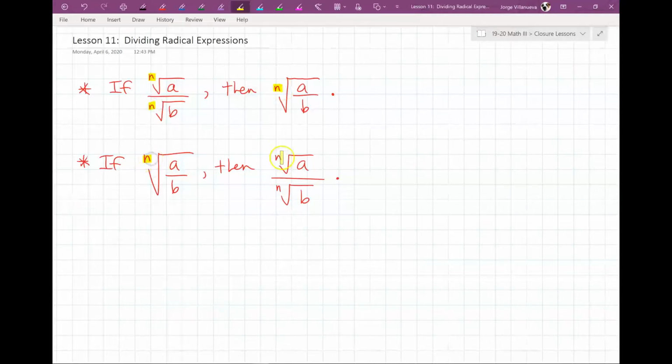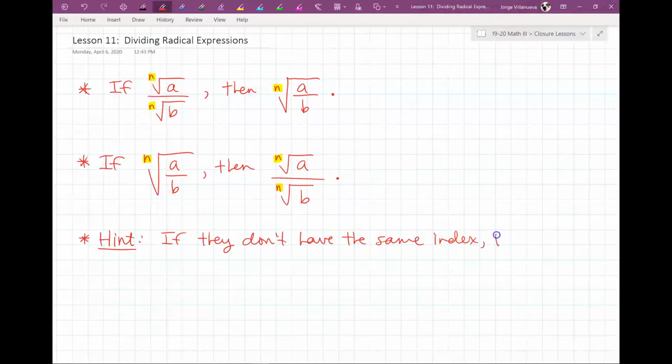If they don't have the same index, then you must rewrite them as rational powers. Let me put that down right here, because it's kind of like a hint. If they don't have the same index, then rewrite the terms into rational powers.